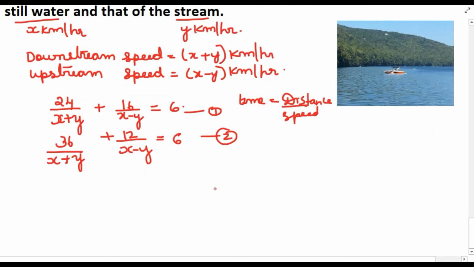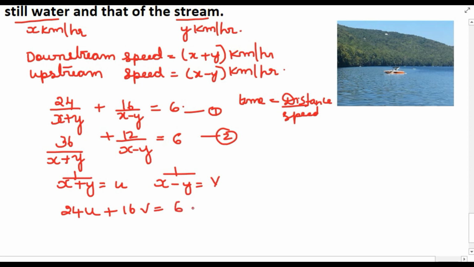So we can take 1 by x plus y as u and 1 by x minus y as v. So we can frame the two equations, 24u plus 16v equal to 6 and at the same time 36u plus 12v equal to 6.